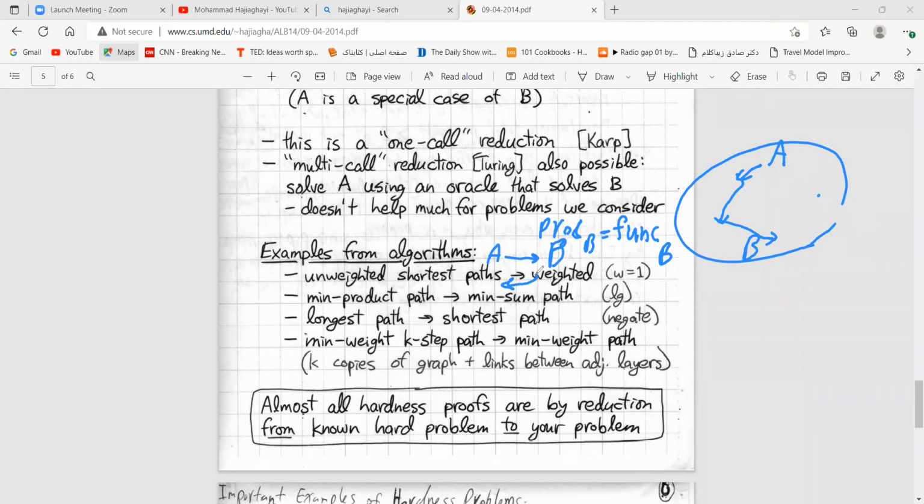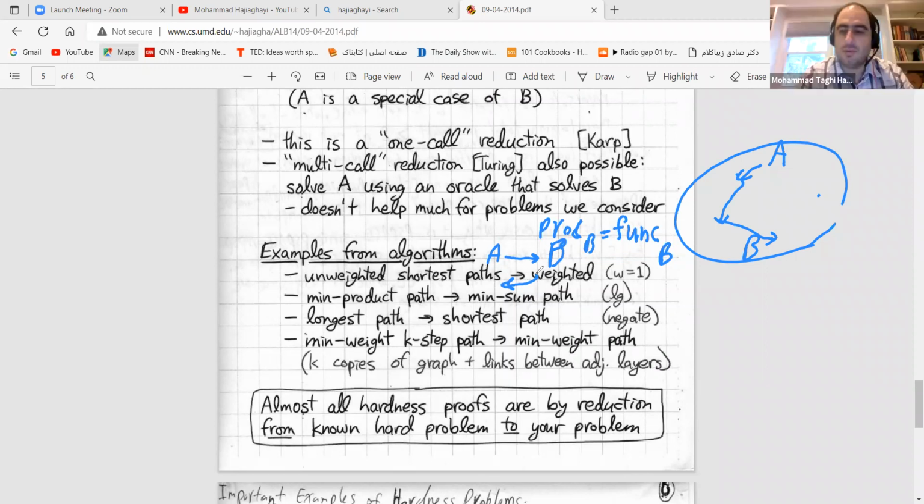So maybe you can add more vertices to your graph, and whatever the weight is, you add that many vertices in between. Yeah, that's the thing.